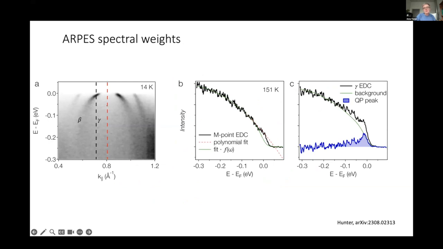And as a background, we took an EDC at a position in momentum where there are no states, and use this as our background. Then if you subtract the EDC at this position from the EDC at the red position, you see that even at relatively high temperature, there is still a small peak remaining.